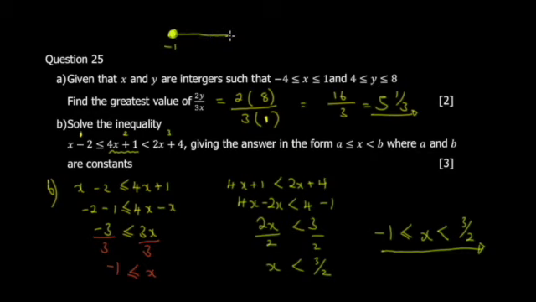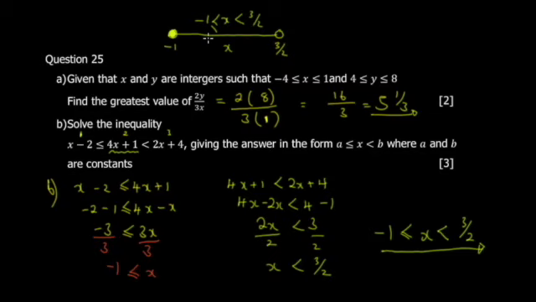Then up to 3 over 2. 3 over 2 must not be shaded. So 3 over 2 here, and this one is your x. This is how you represent it on a number line. It wasn't asked for in this case, but it's almost always asked, so just take note of it.